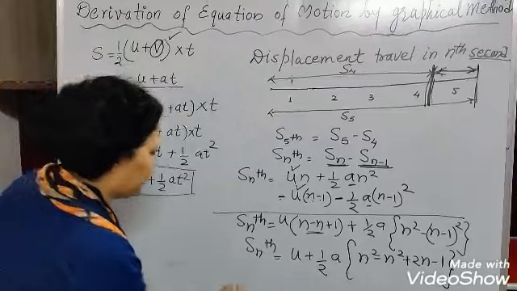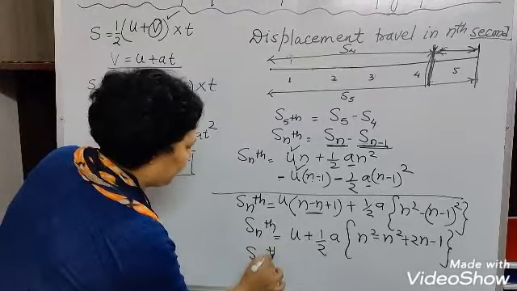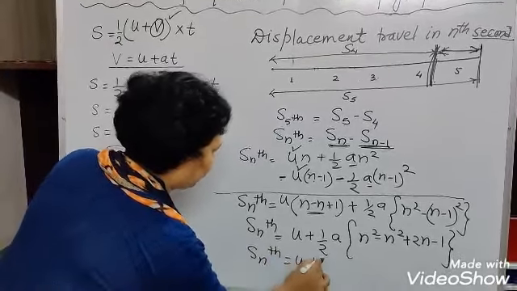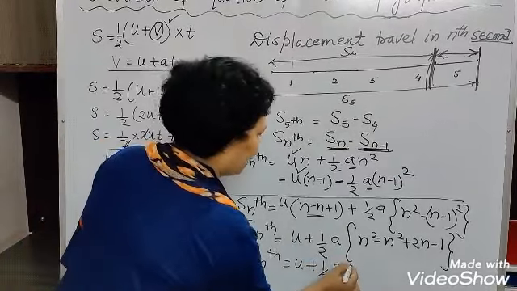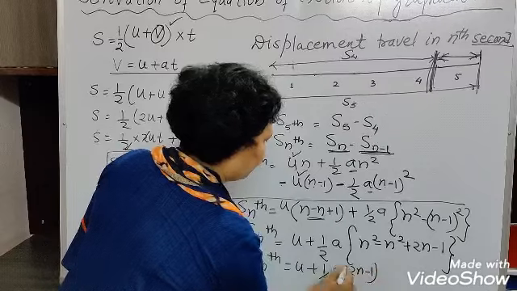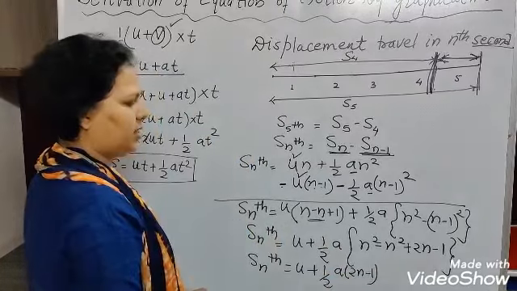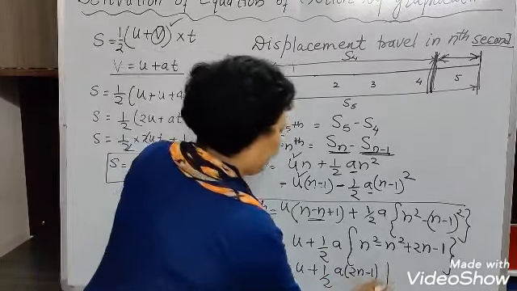So what will you get? You will get Snth equal to u plus half a into 2n minus 1. So what is the formula?